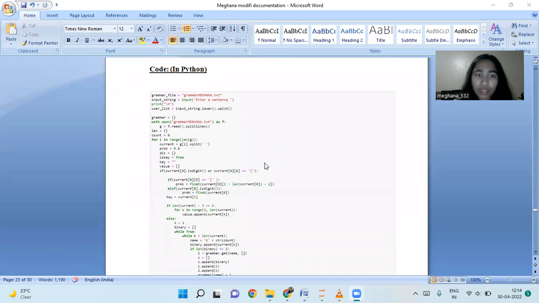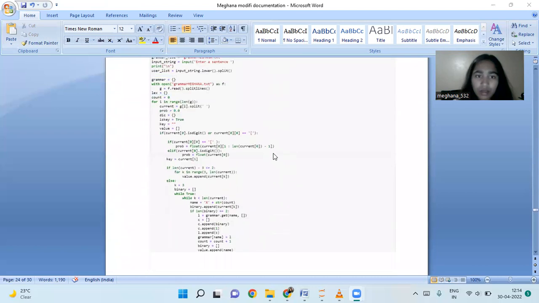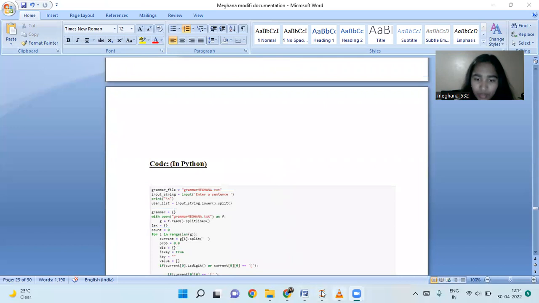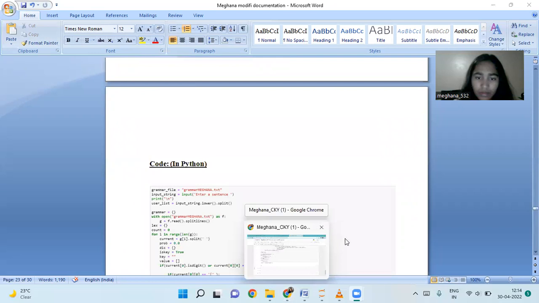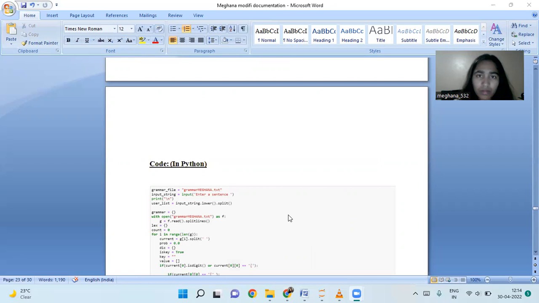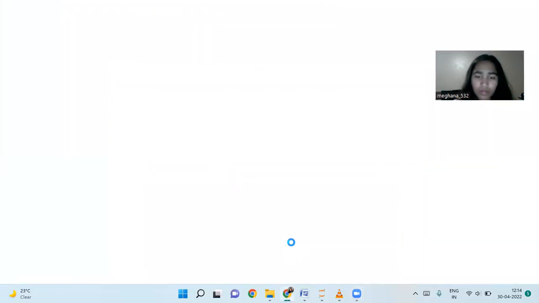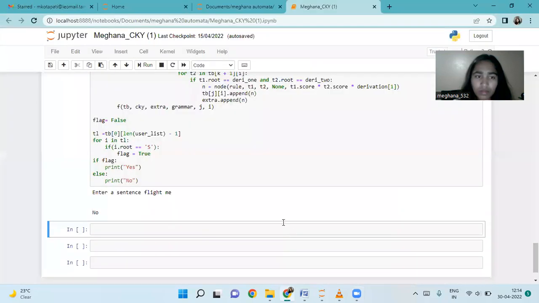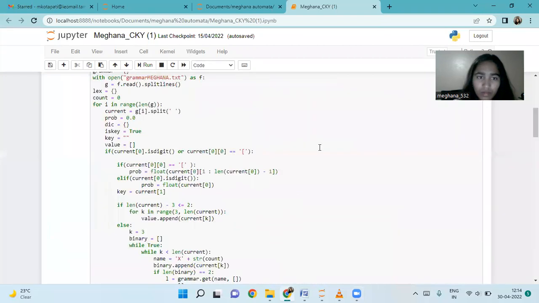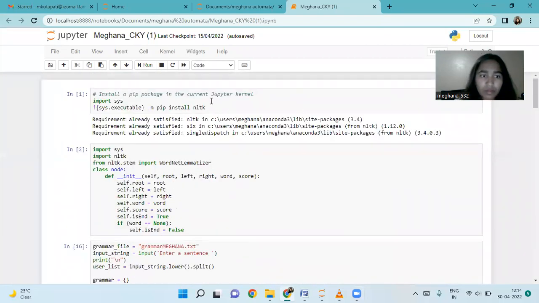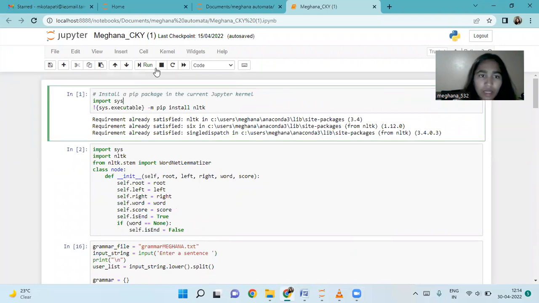Let's come to the coding part. I have done this code in Python. Let me show you the execution of it. I'm running this code in Jupyter Notebook.